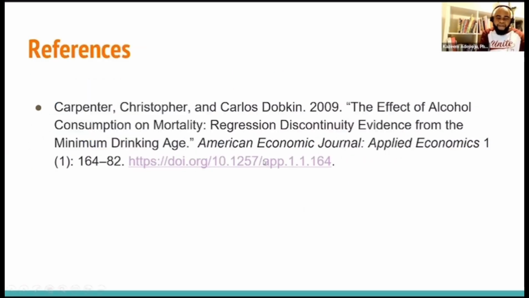9.753 higher. Of course, you can use the resources here by Carpenter, Christopher, and Carlos Dobkin in 2009, where they worked on the effect of alcohol consumption on mortality, taking into consideration the minimum drinking age.